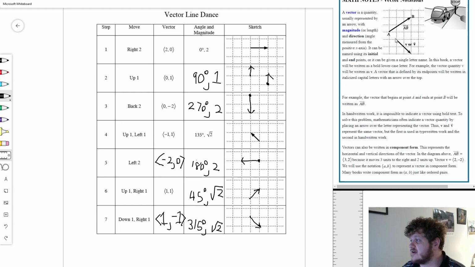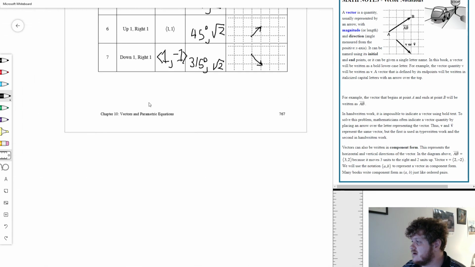Usually if we have a vector between 2 points, we do something like, if it's between points A and B, so if we have point A and we have point B, we could say the vector, it's going to remind you of ray notation from geometry.